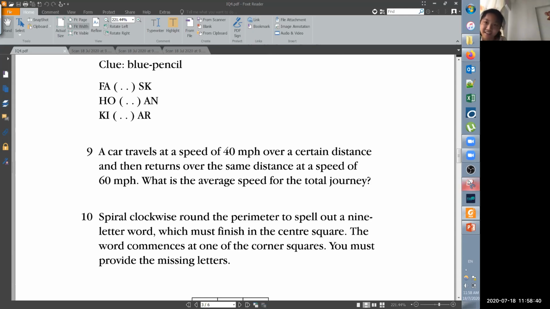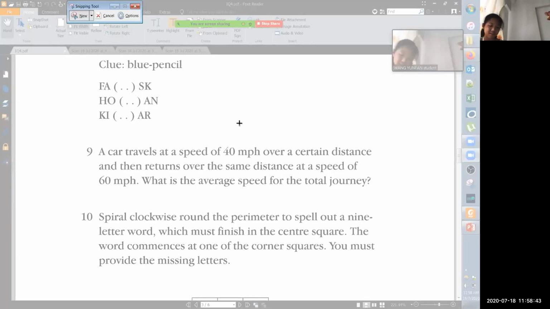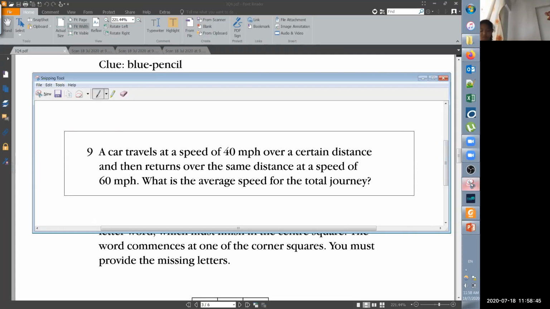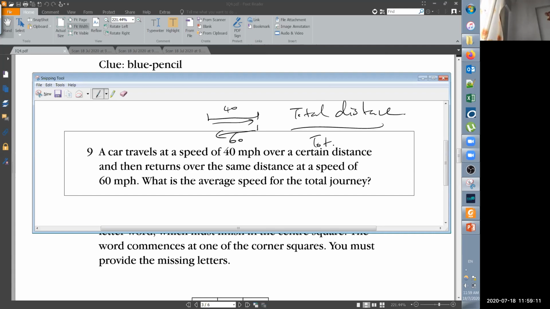Do you know how to find average speed? I don't know, because it only tells me the speeds, not the time or distance. It's the same distance. He says the first trip is 40, then coming back is 60. So you have to take total distance divided by total time. That will give you the average speed. So the total distance in this case is what? 2x, right?